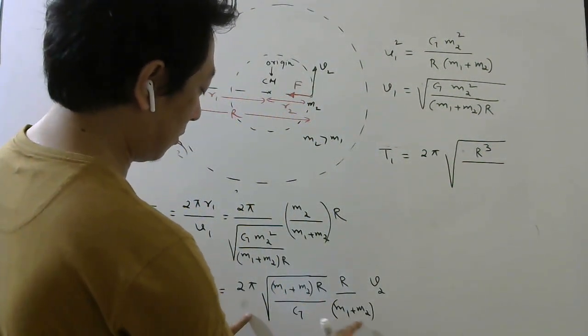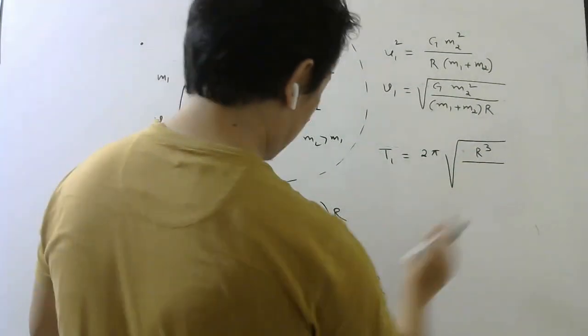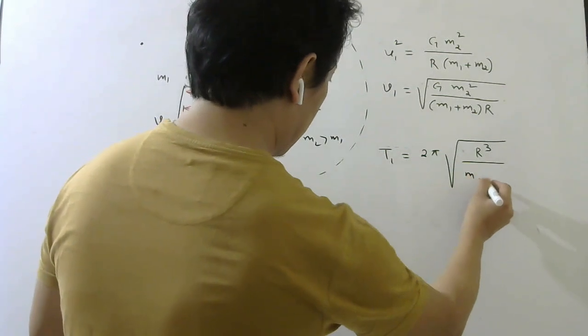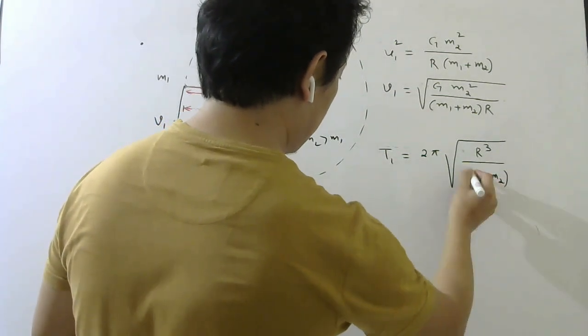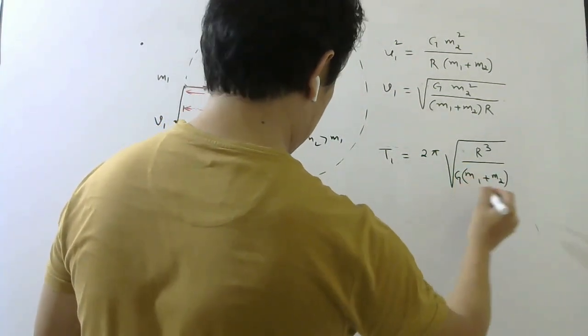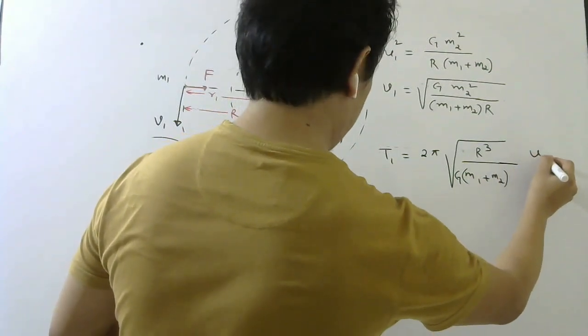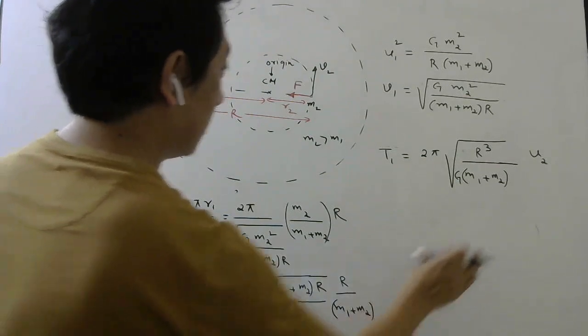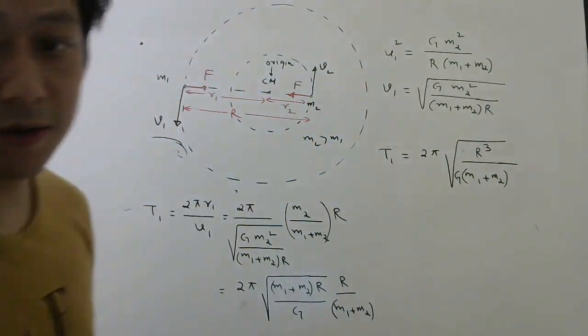There is no square root here, so if I put this inside, it will be m1 plus m2 whole square. So this is the time period of the first one.